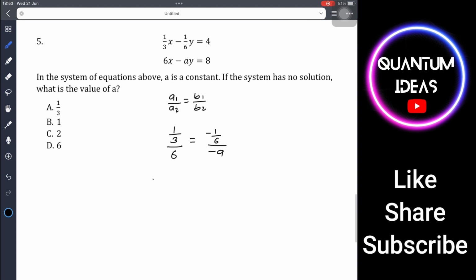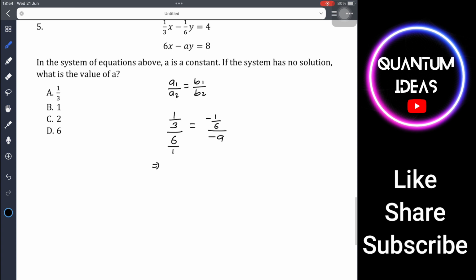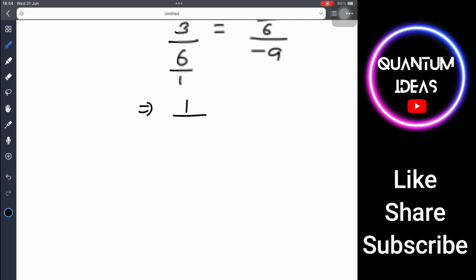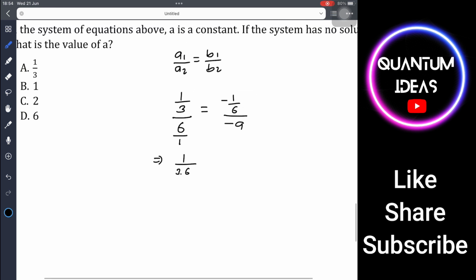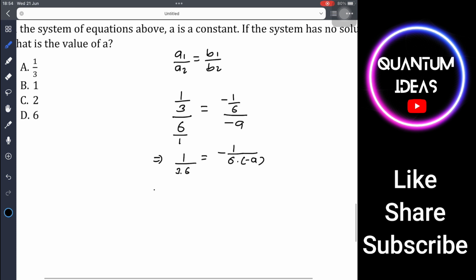The denominator is 1, right? So this becomes 1 over 3 times 6. We can also write minus 1 by 6 times minus a. So this is 1 over 18, and minus minus plus, 1 over 6a.